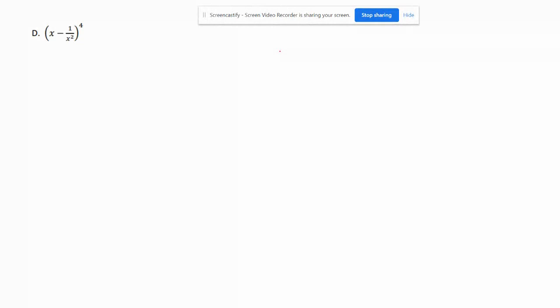All right, x minus 1 over x squared to the 4th. Now, the way I'm going to recommend that you do this question, it works out easier with the exponents. If we write this, 1 over x squared is the same thing as x to the negative 2, okay? So this is going to work out better with the exponents for this question. So again, Pascal's triangle.